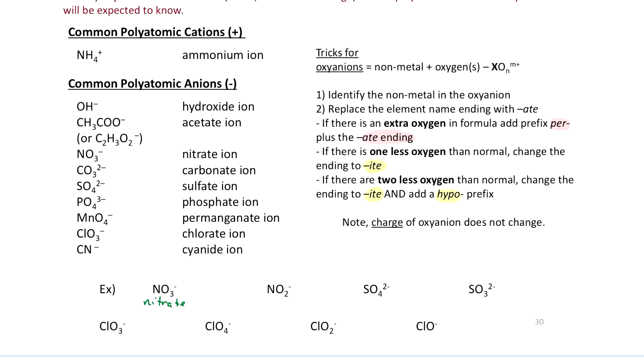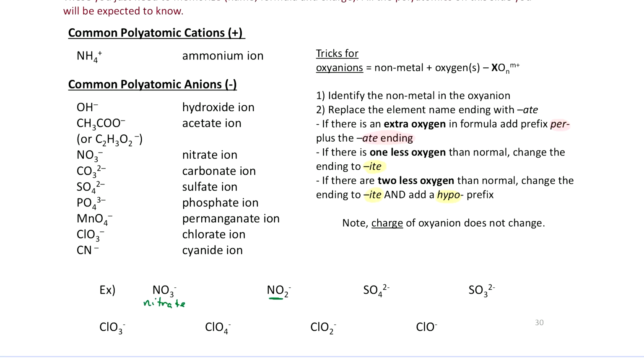Nitrate, that's the one you should memorize. But NO2 minus, what is that? Nitrite. Do you memorize that? You can, but I recognize, oh, NO2, that's 1 less oxygen than the regular NO3. I memorize nitrate and just remember the oxygen tip: take away an oxygen, it turns into an ite ending. Notice how it's still negative charge.